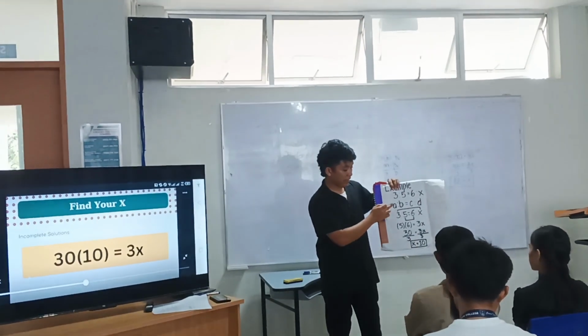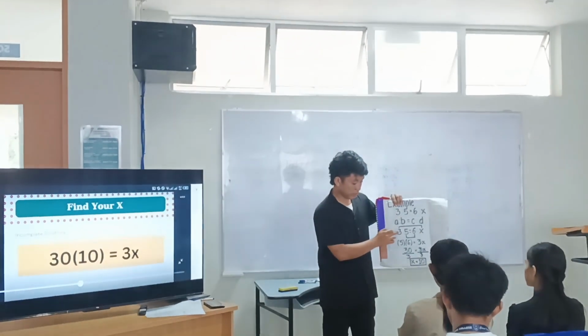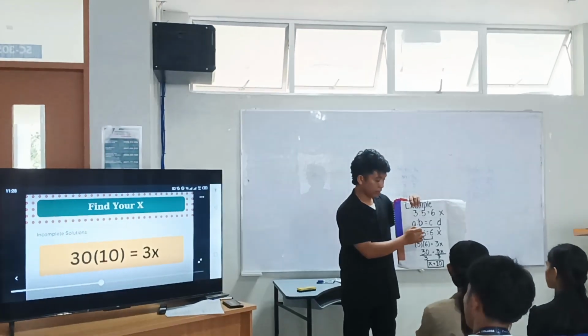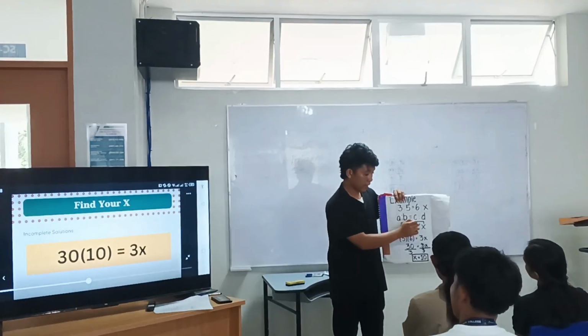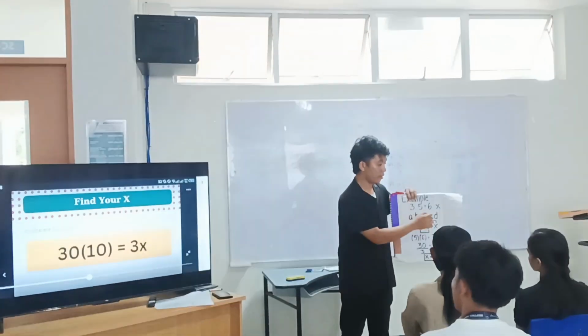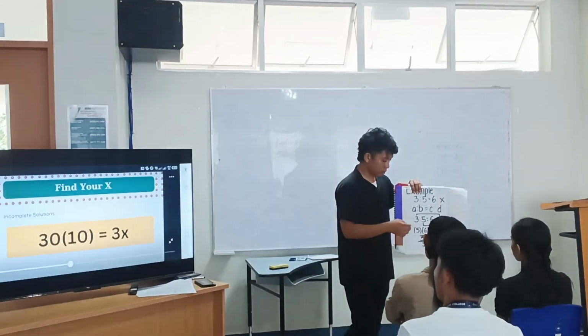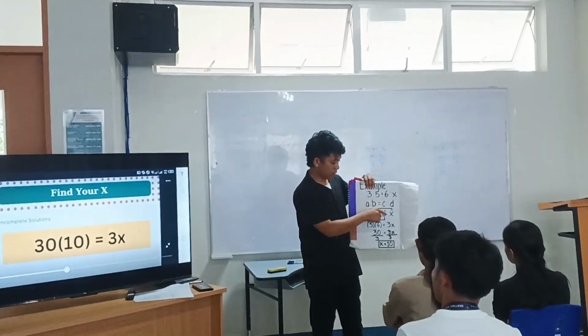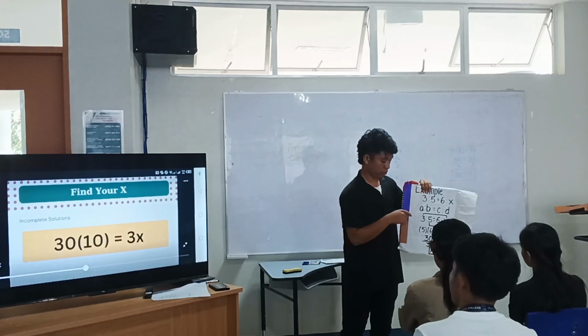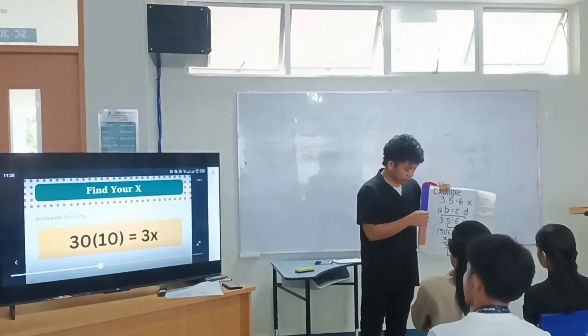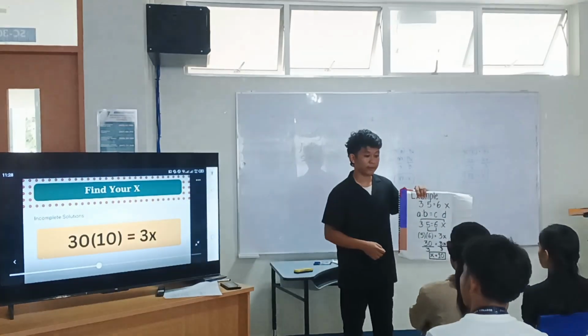So our A here is 3, B is 5, C here is 6, and D here is x, the unknown value.